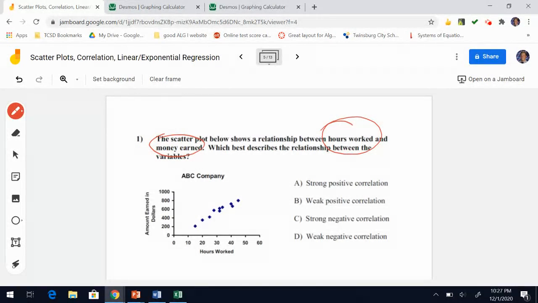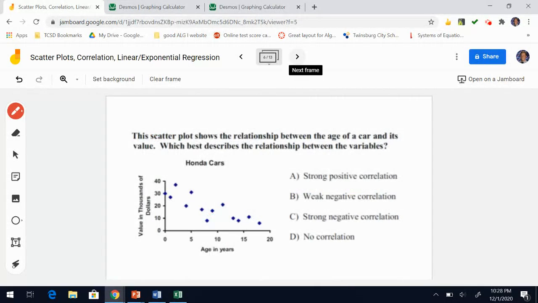And this set of data looks really close together, as far as it doesn't go up too much, doesn't go low too much. You have a pretty good line of best fit right there. So I'm going to go with a strong positive correlation because those sets of data don't really get too high or low from that line of best fit.